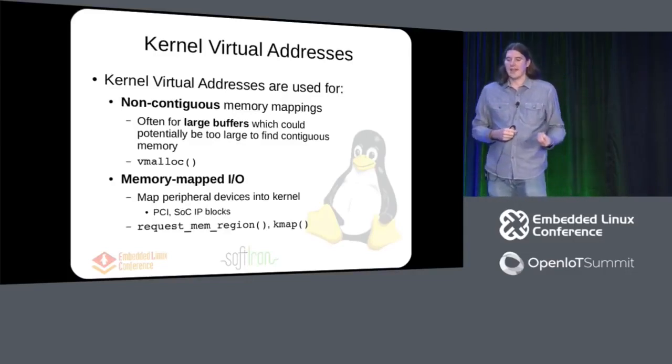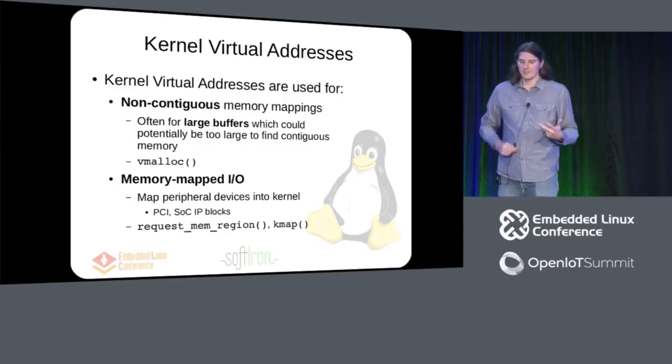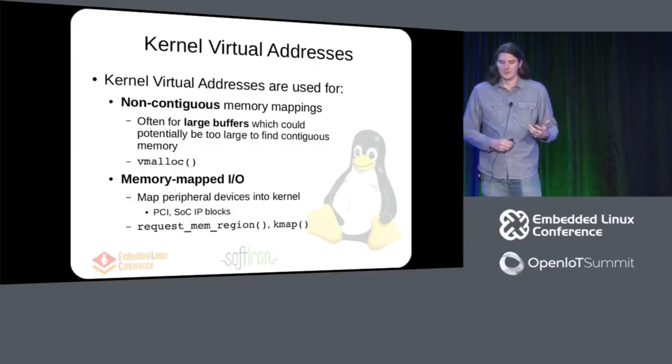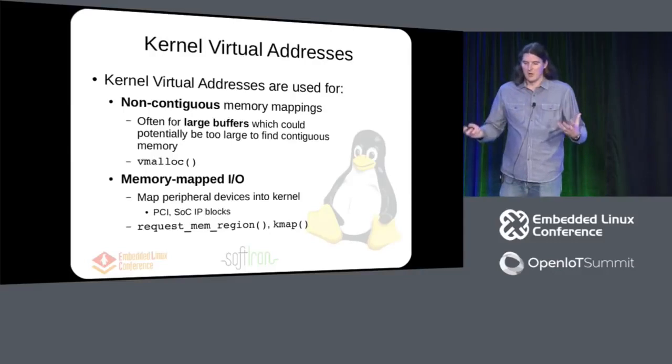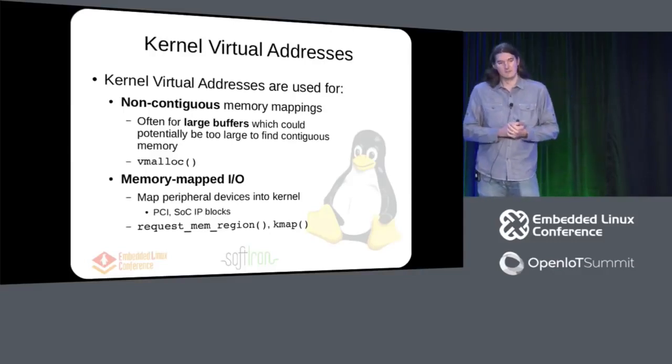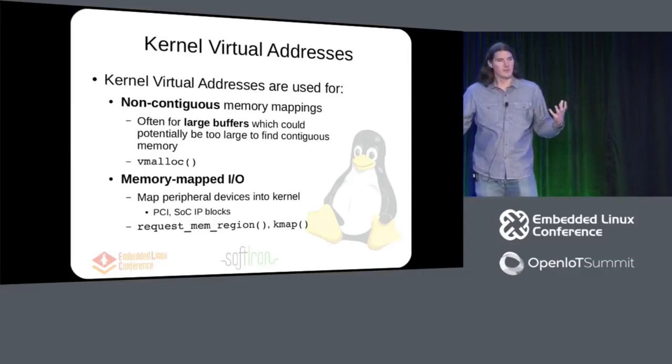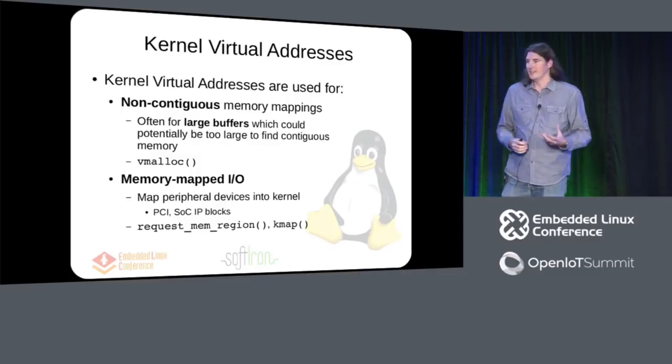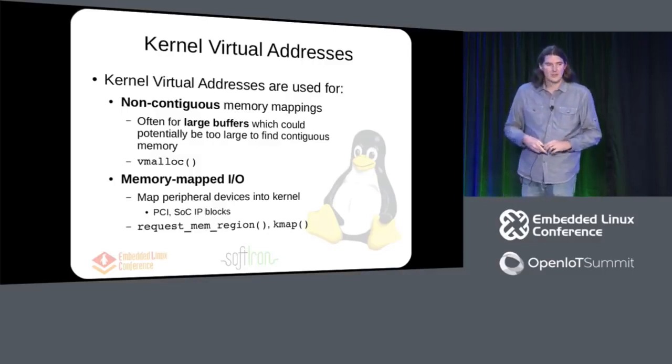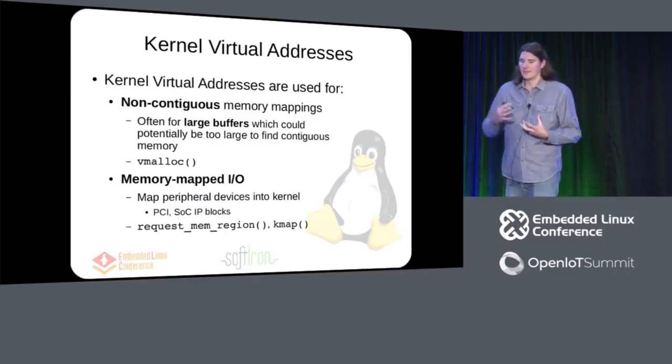So kernel virtual addresses are used for two different things. The first is non-contiguous memory mappings. This is often used for large buffers on small memory systems, which could be too difficult to find contiguous memory for. And so you would allocate these buffers using vmalloc. The other thing they're used for is memory mapped I/O. This is when you map peripheral devices into the kernel.